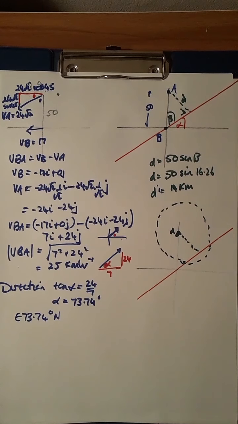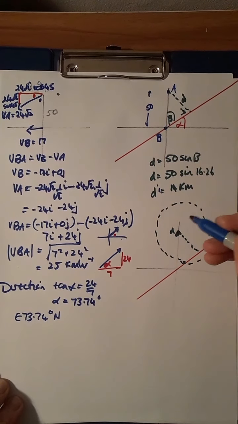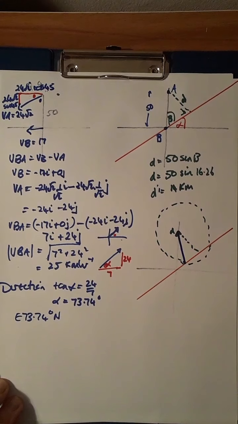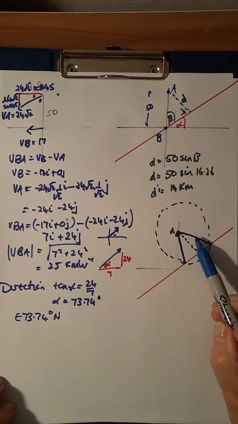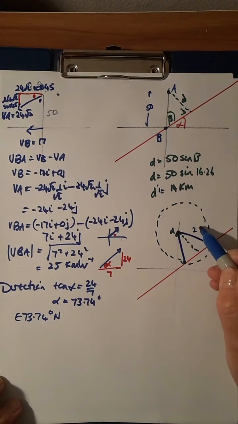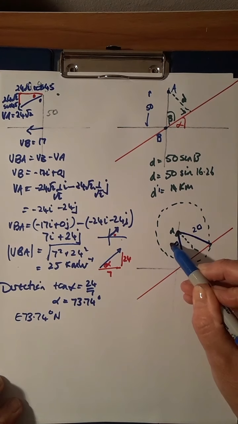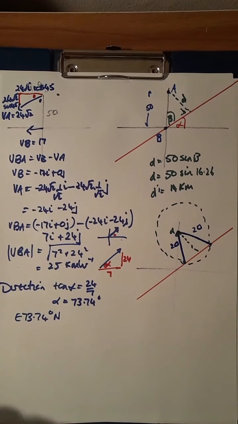Anyway, then I'm going to drop a line from A, cutting the circle and the relative velocity line. And then I'm going to draw on the other side the same thing, from A down to the relative velocity line where the circle cuts it. And those two distances, those two blue lines, are corresponding to the 20. That's the area around there from which they can exchange signals.